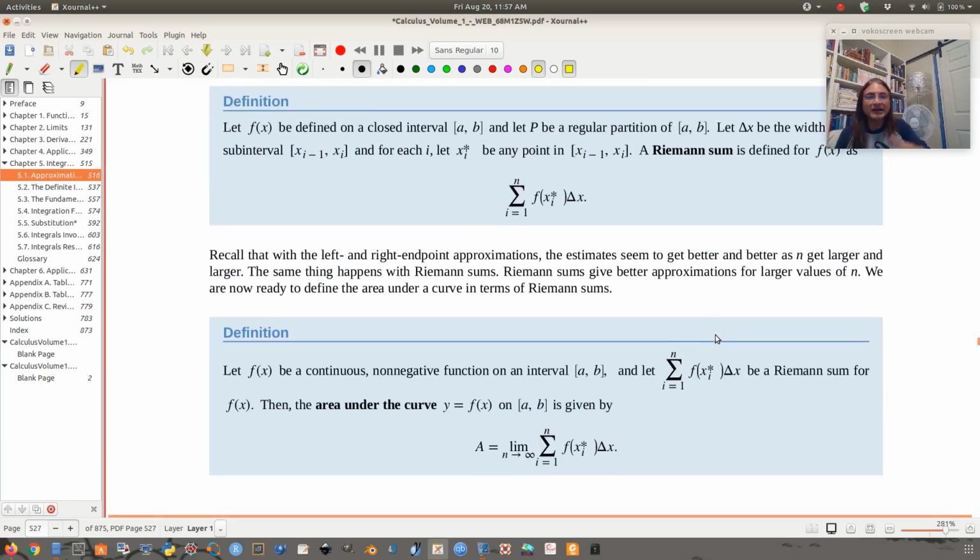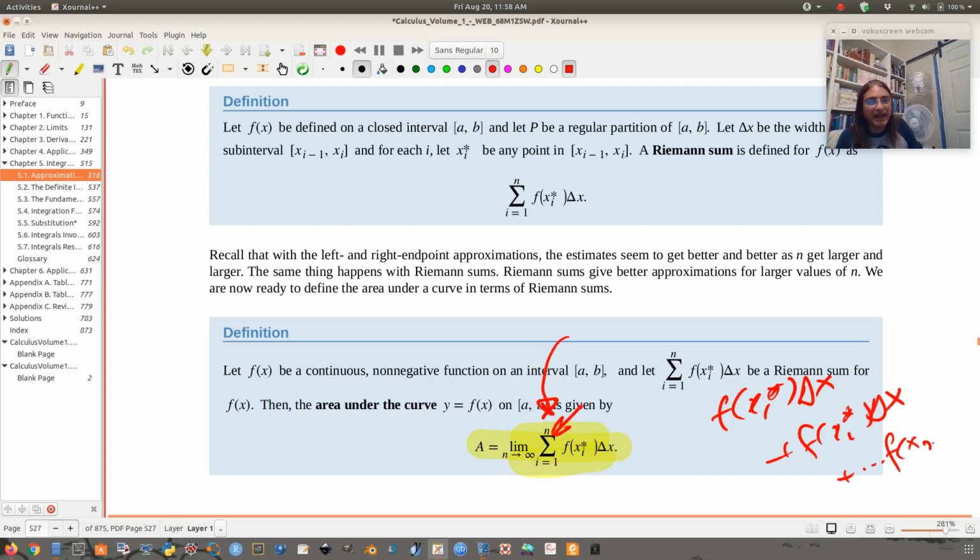Okay, and that approximates the area, and then the area is defined as if you take the partition in the limit n goes to infinity. And that's why we learned the summation sign. So we are adding f(x1 star) delta x plus f(x2 star) delta x, and we are adding up to f(xn star) delta x. We're adding n of these.